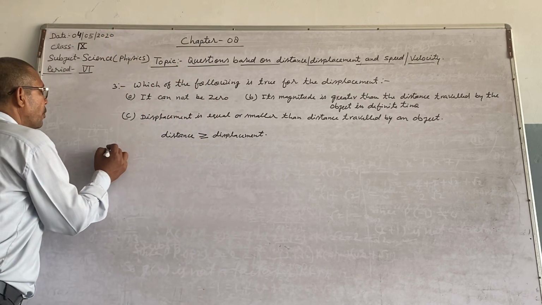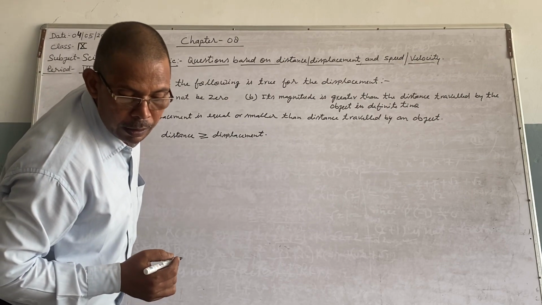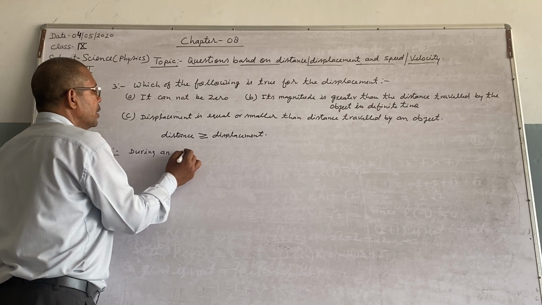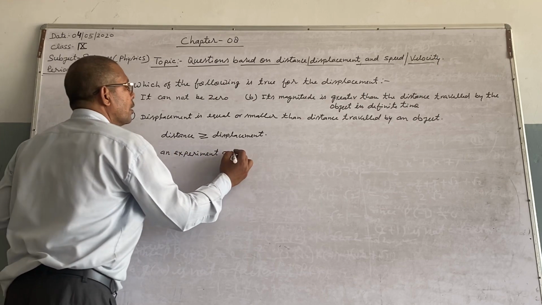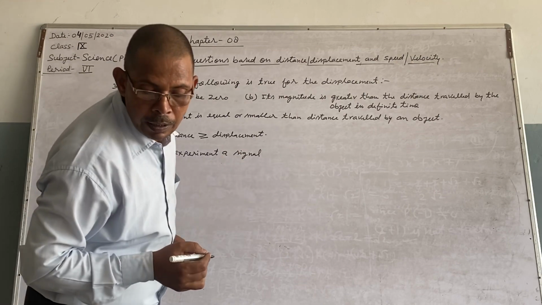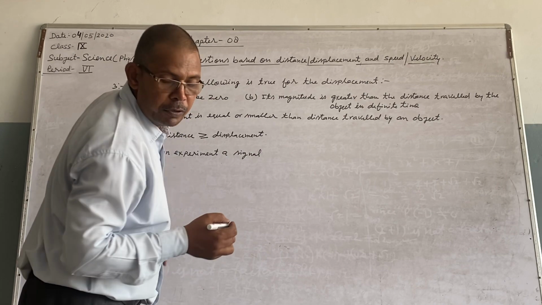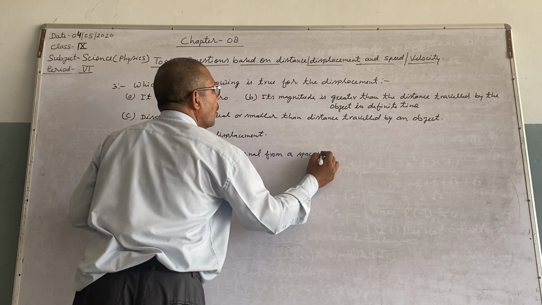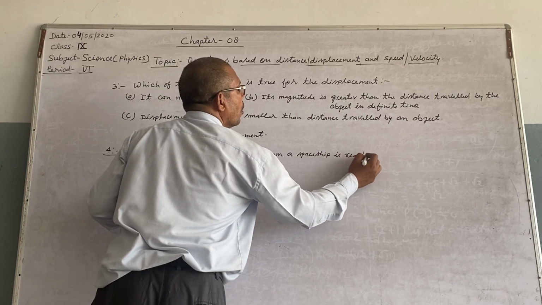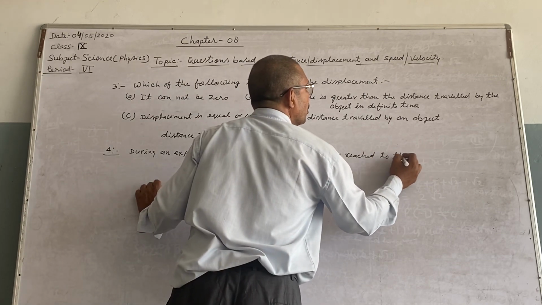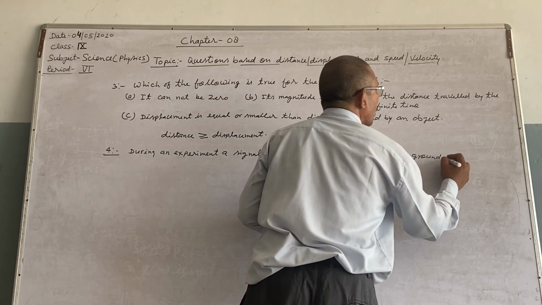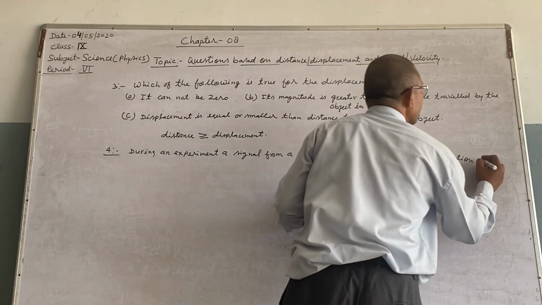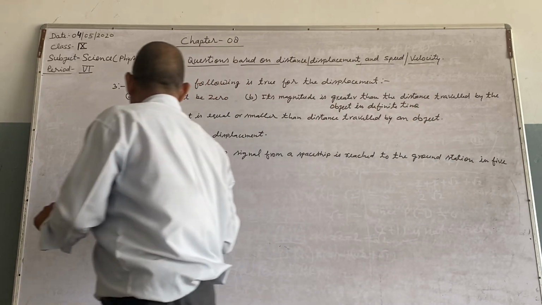Note some more questions. Question number 4. During an experiment, a signal from a spaceship reached the ground station in 5 minutes.